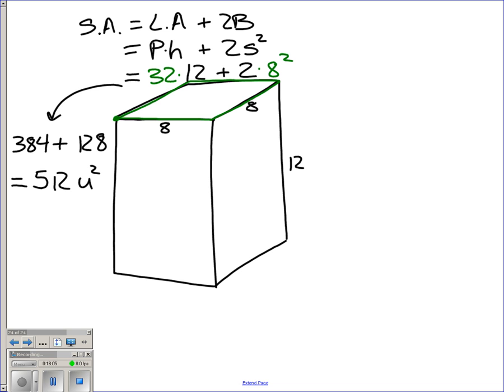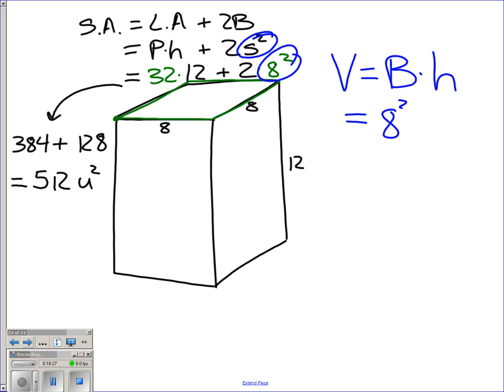Now, how do we find the volume? Let's find the volume. The volume is the area of the base times the height. There's a whole lot less calculation here. We already have all of this information from finding the total surface area. The base right here, that's the side squared. That's the 8 squared. Going to plug that in. The height of the prism is the 12.